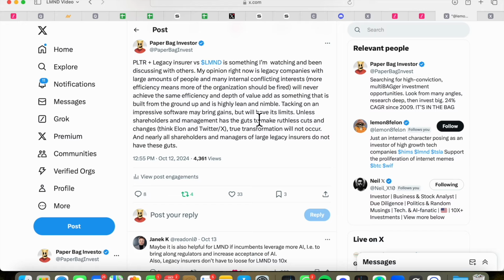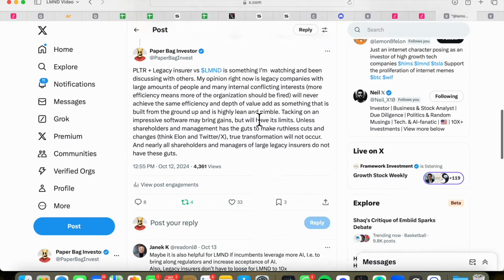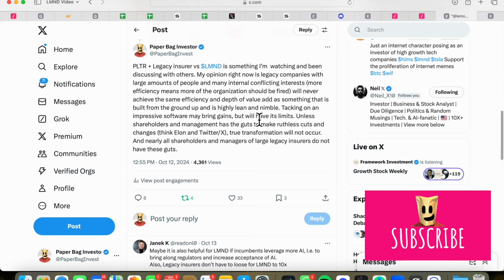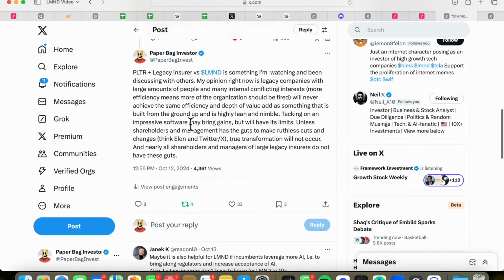I gave a reply to someone here on X back on October 12th, basically saying, my opinion right now is legacy companies with large amounts of people and many internal conflicting interests, meaning even if they become more efficient, that means more of the organization should be fired, it's tough for an organization like that to actually change, because parts of the organization don't want change to occur, so they resist change.